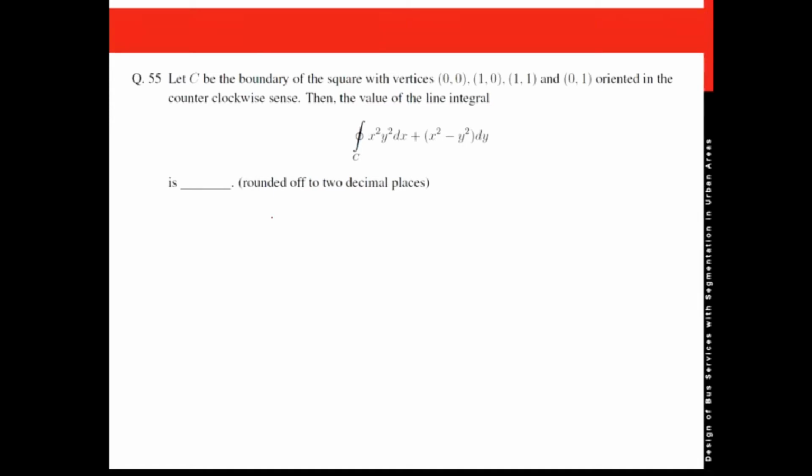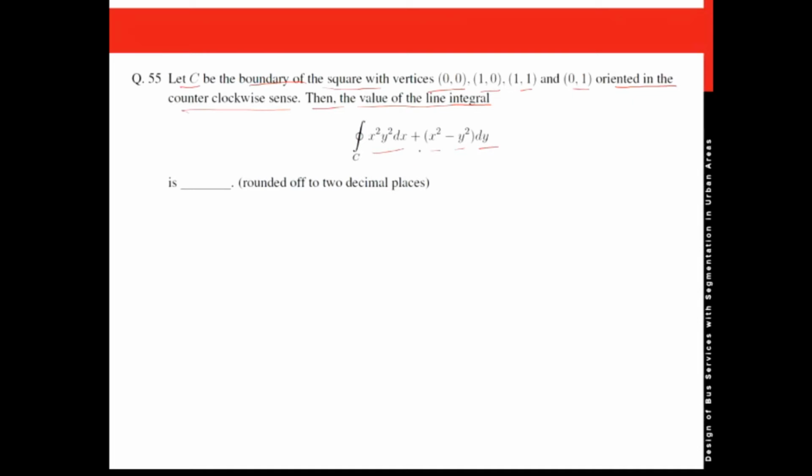vector calculus. The question is: let C be the boundary of the square with the vertices (0, 0), (1, 0), (1, 1), (0, 1), oriented in the counterclockwise sense. Then the value of the line integral over C of x² y² dx plus (x² minus y²) dy is.